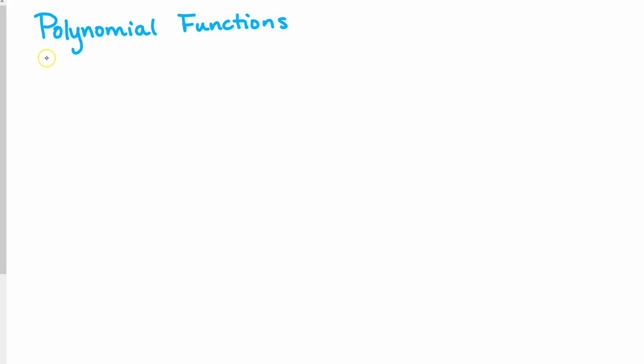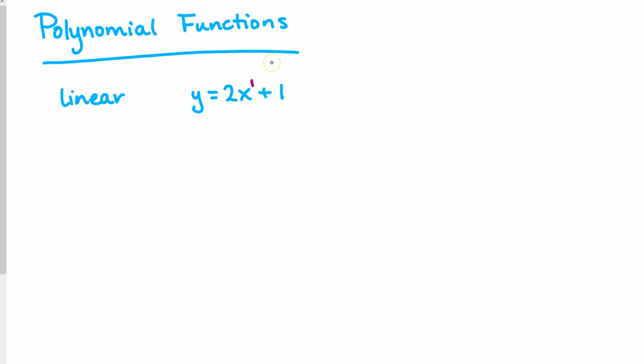Now you already know about a couple of the basic polynomial functions. Linear functions are polynomial. So for example, if you had y equals 2x plus 1, notice that the x is to the first power. So linear functions have x to the first power as the highest degree. And then quadratic functions, which you studied quite a bit in Algebra 2, are also polynomial functions.